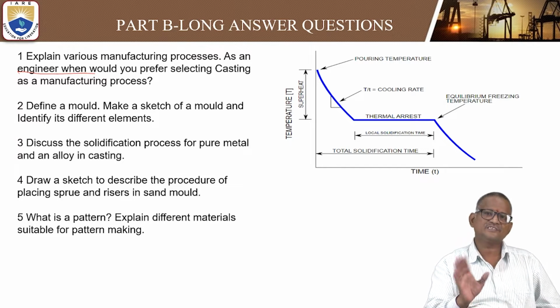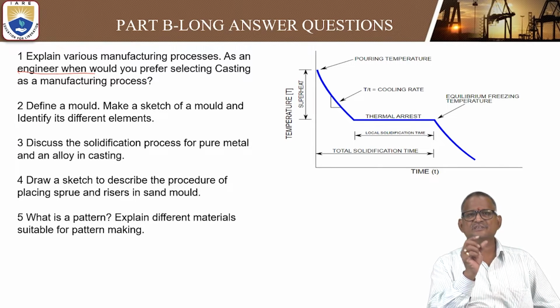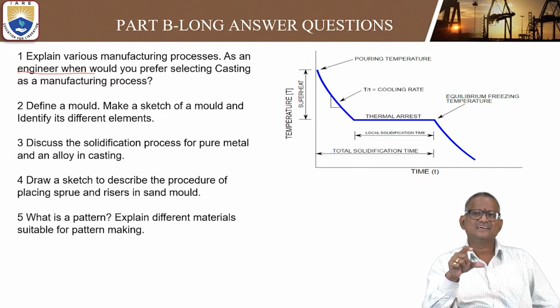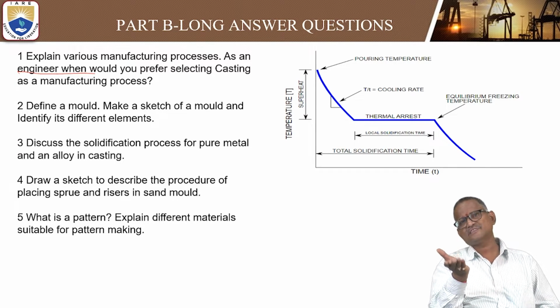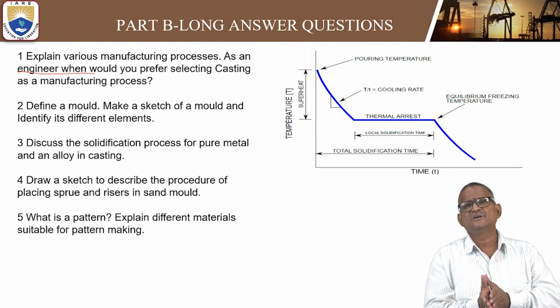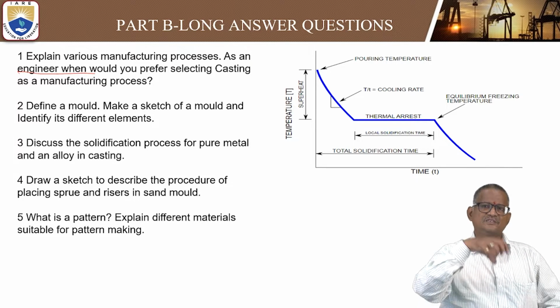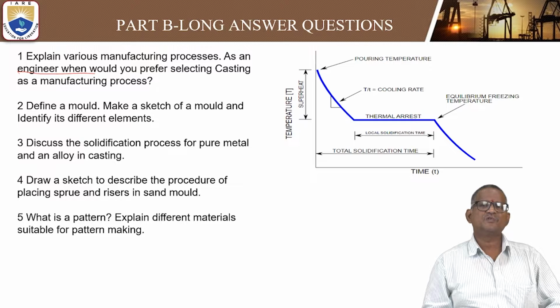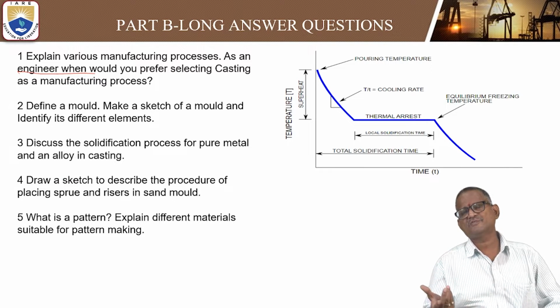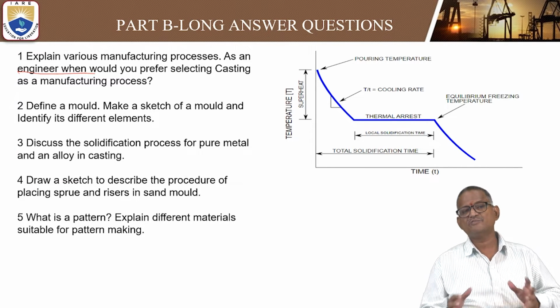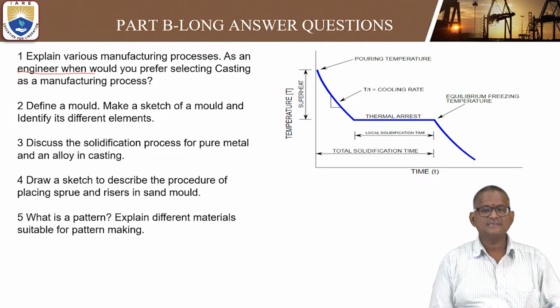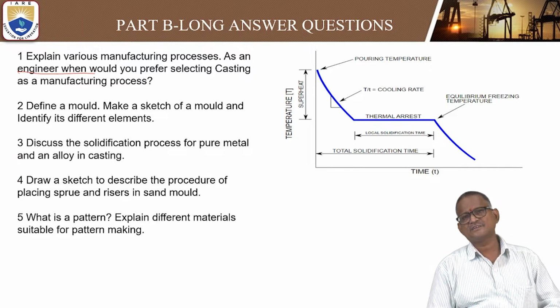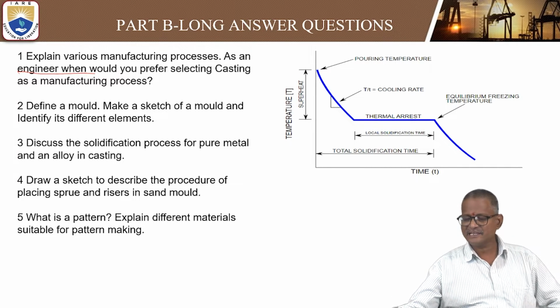If 6 marks are allotted, you can define the term mold and draw the sketch clearly. Identify the different elements. What happens while pouring the molten metal into that mold cavity? That type of mold allows other processes like shot blasting and easy removal of runners and risers. Like that you can explain clearly in the examination.